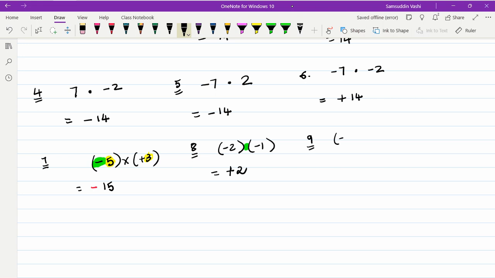Look at this one. Negative 2 minus negative 1. How many negatives? 3. Is this a multiplication question? No. Between two brackets, there is a subtraction. Can you see it? So this is not a multiplication question. This is the addition subtraction question.